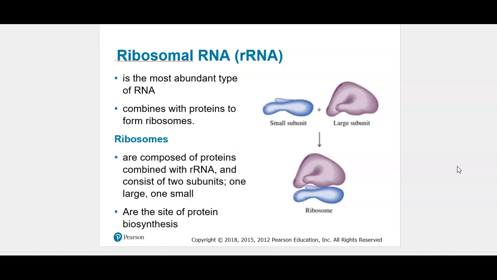There's some thought that the original life forms were based on RNA as having the enzymatic activity, and the proteins only took over that responsibility later on. But we don't really need to worry about that here. That is a little bit of an aside.